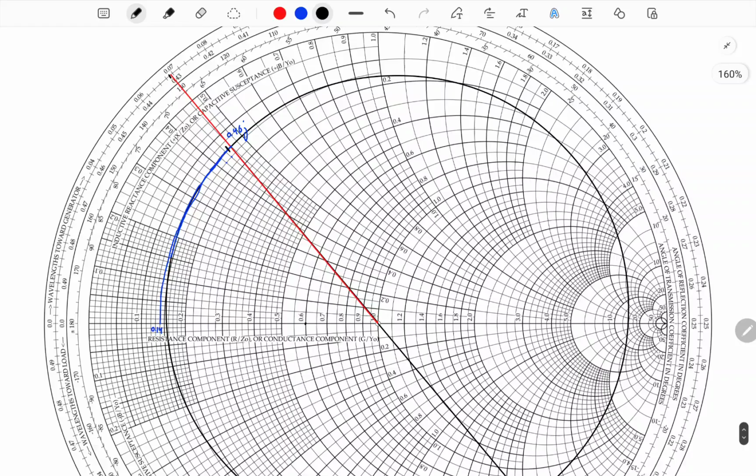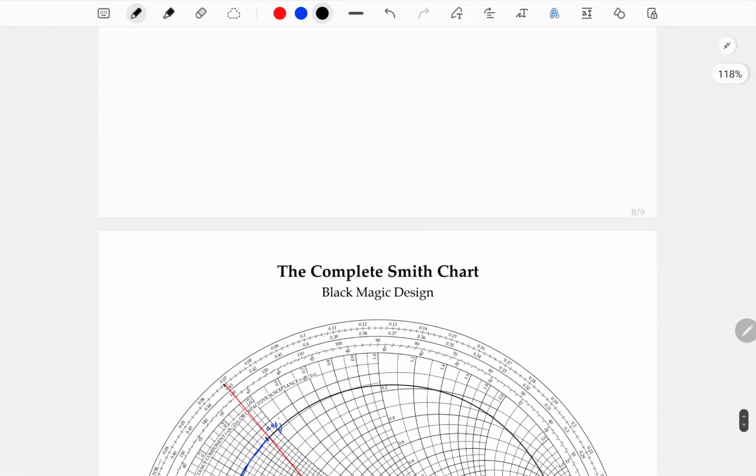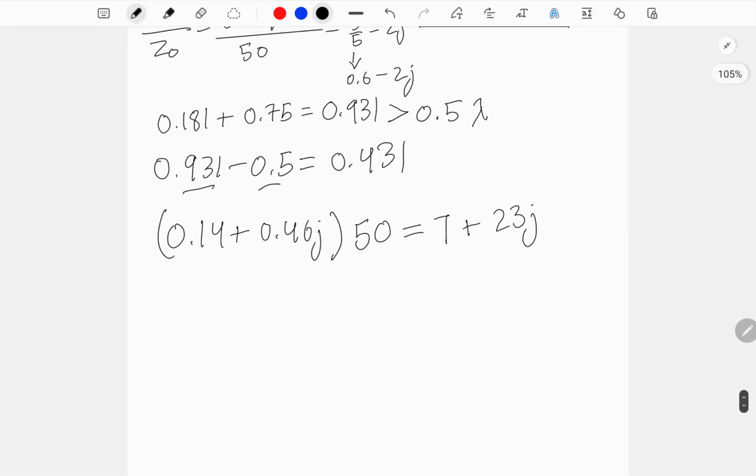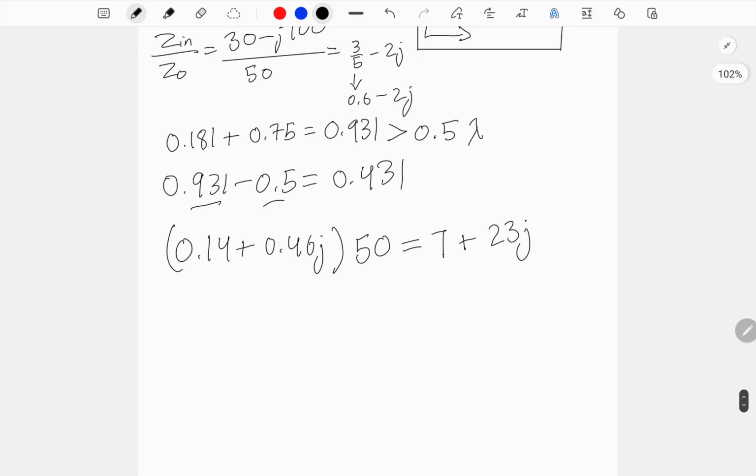For me it's close enough, but if the professor wants more accuracy, then do a better job at drawing. This is now going to be our ZL equal to 7 plus 23j ohms. That's our final answer.